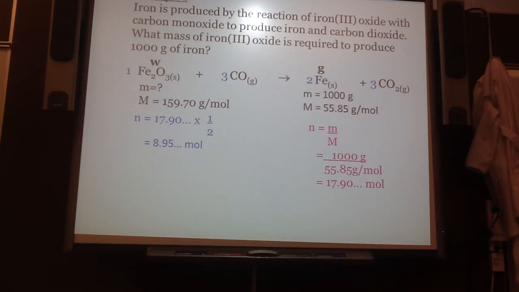But we were asked to find out the mass of that. Okay, so it says how much mass. So I need to put that into mass. So with that molar mass, you times the Fe by 2 and the O by 3 to find it.